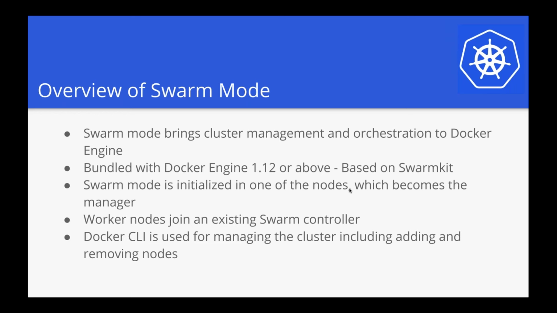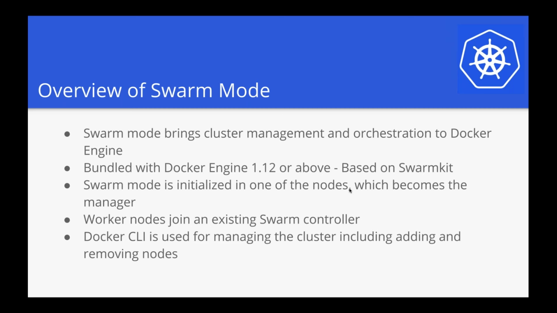SwarmKit is a part of the Docker engine, which means when you install Docker 1.12 or above, you essentially get the orchestration and clustering capabilities right in the Docker runtime. So we are going to focus this session more on SwarmKit rather than the older Docker Swarm, because Docker is trying to encourage customers to use more of Swarm mode. Swarm mode is initialized on one of the nodes, which will assume the role of a manager.